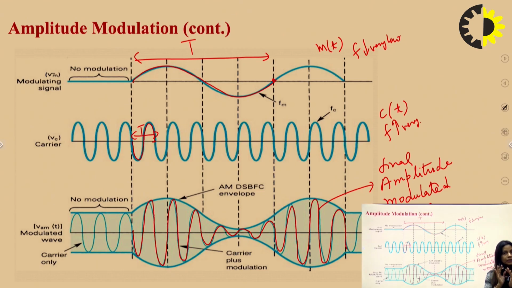So I am getting two benefits. My message signal information lies within this waveform, and I am utilizing the high frequency speciality of the carrier wave. In this, the carrier wave is following the amplitude of the modulating waveform. That's why I call it amplitude modulation.